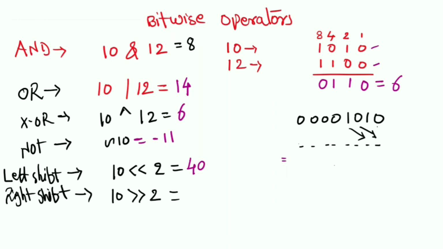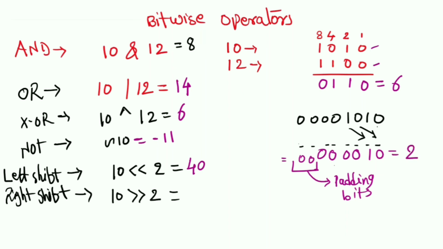So I will get here 0, I will get here 1, and the remaining 4 zeros will be as it is. And these 2 bits I am going to pad, those are called the padding bits. Just now I have told you, these are called the padding bits. So the answer will be, you can see 1 and 2, that's why the answer will be 2.